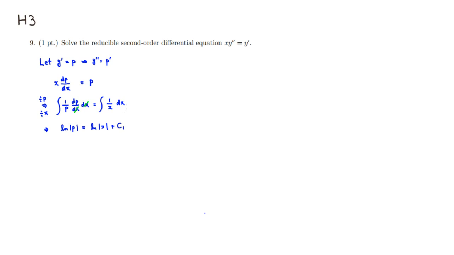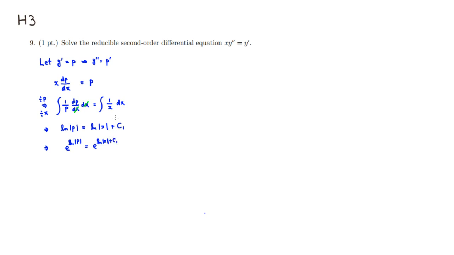Then to get rid of the natural log, I'm going to raise e to both sides. So you have the absolute value of p is equal to e to the natural log of the absolute value of x plus c1.